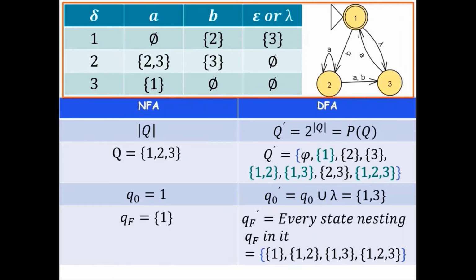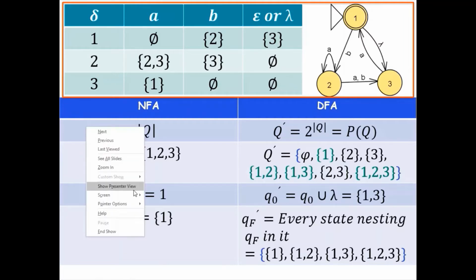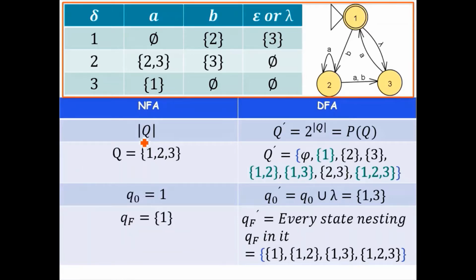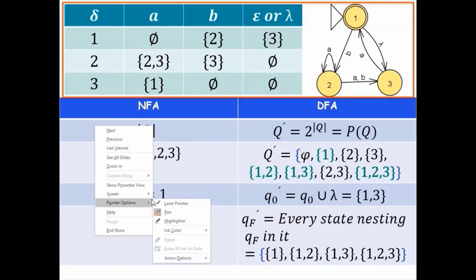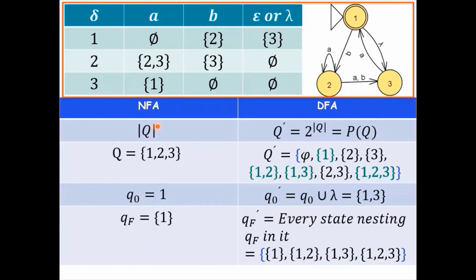The first step is to find the states of our DFA. Here we can see that our NFA has the set of states denoted as capital Q, and for the equivalent DFA we are constructing, I have denoted the set of states as capital Q dash.